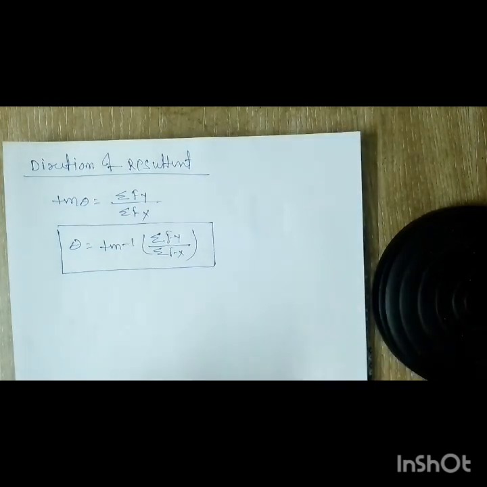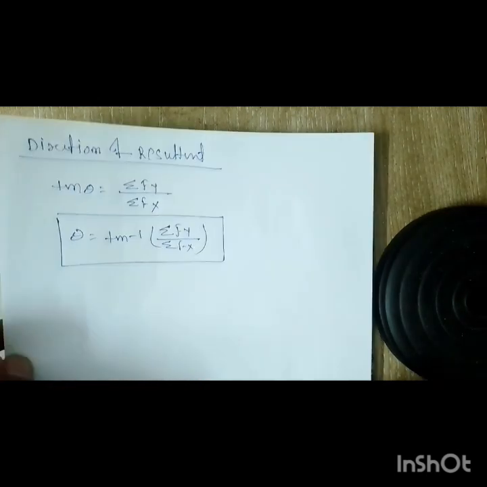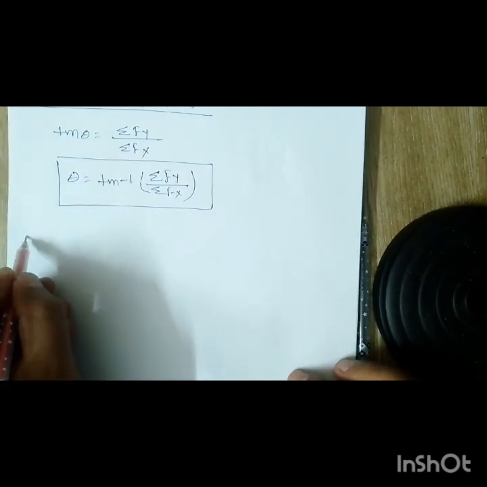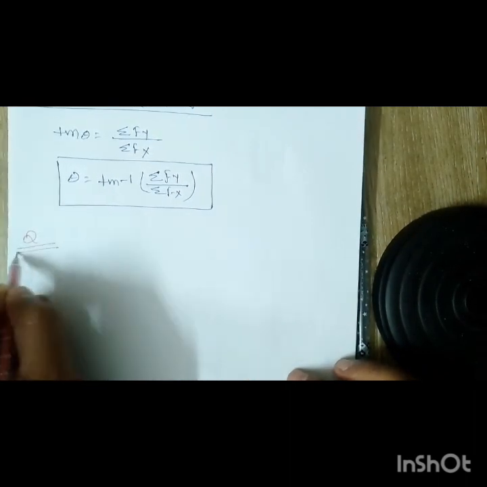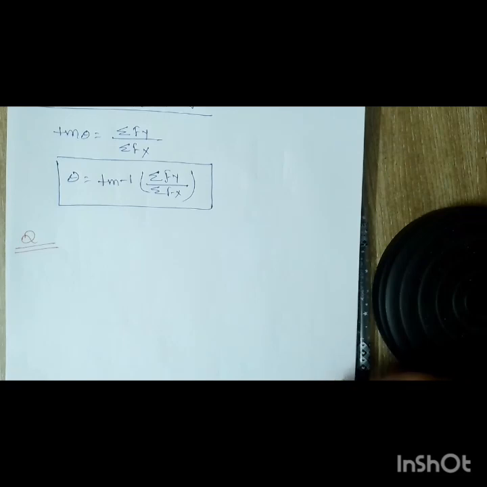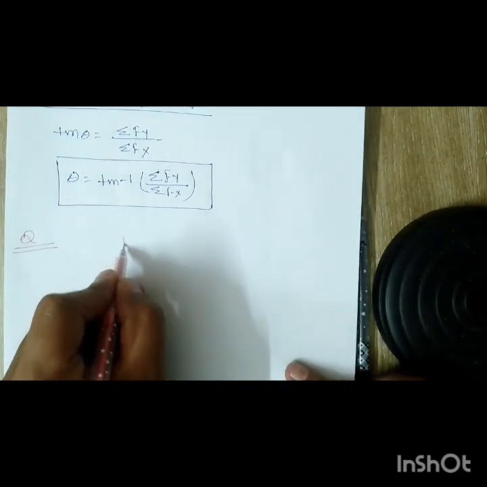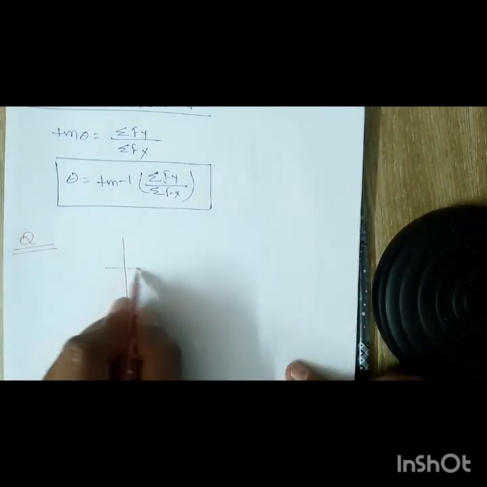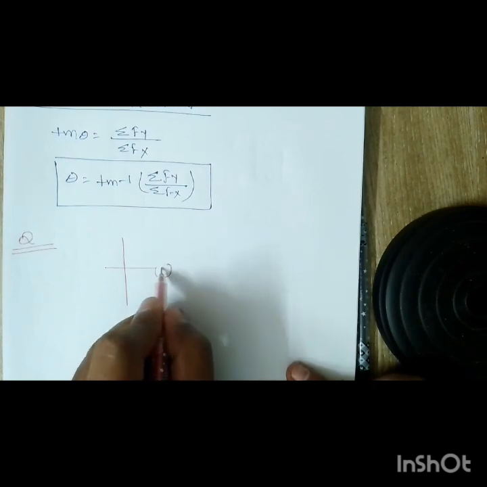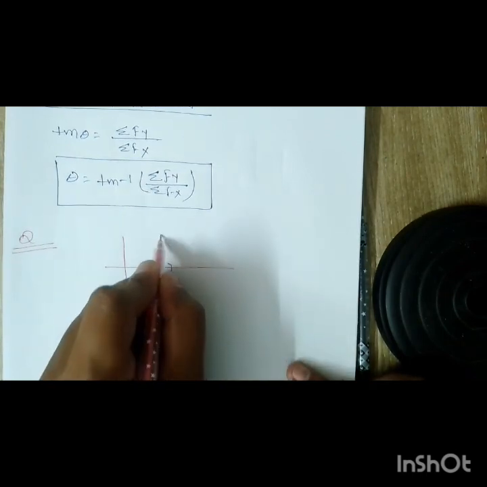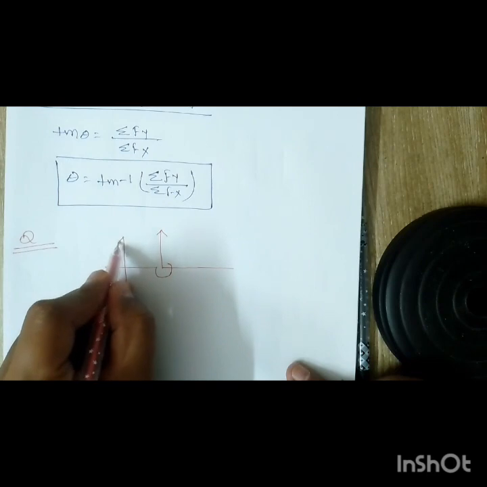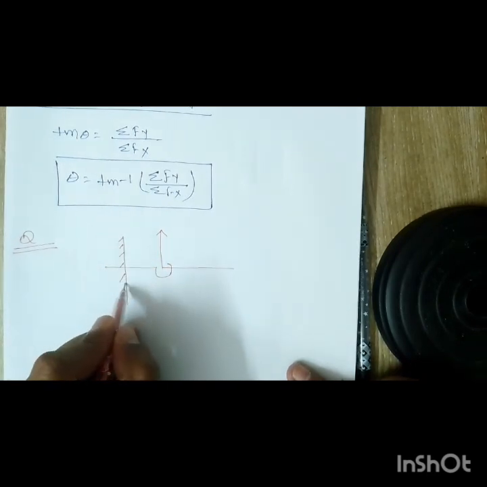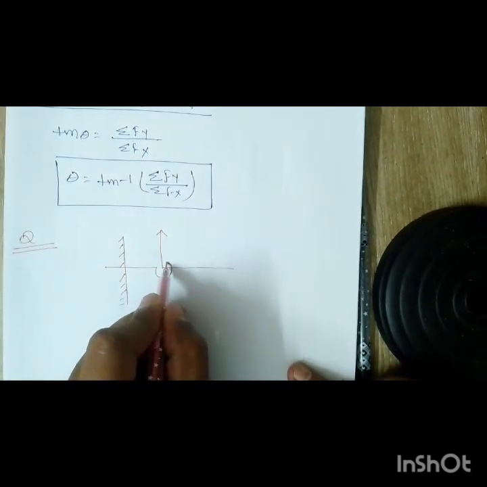One simple problem we will discuss, which you will write very fast. A system of forces is given. This is one hook, this is your x-axis, and this is your y-axis, as shown in the figure. Three forces are acting.